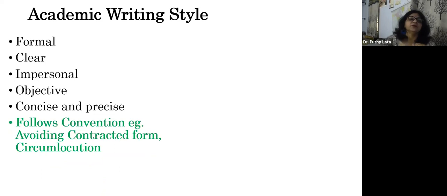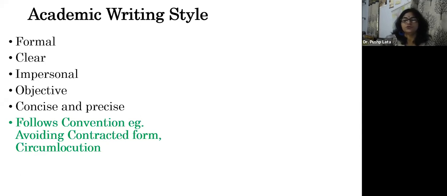It follows whatever the conventional style is. There are a few rules, and I'm going to discuss those in detail later on. For example, we should not use contracted forms. In academic writing, never ever use don't or isn't or ain't or won't. These kinds of contracted forms are never used.